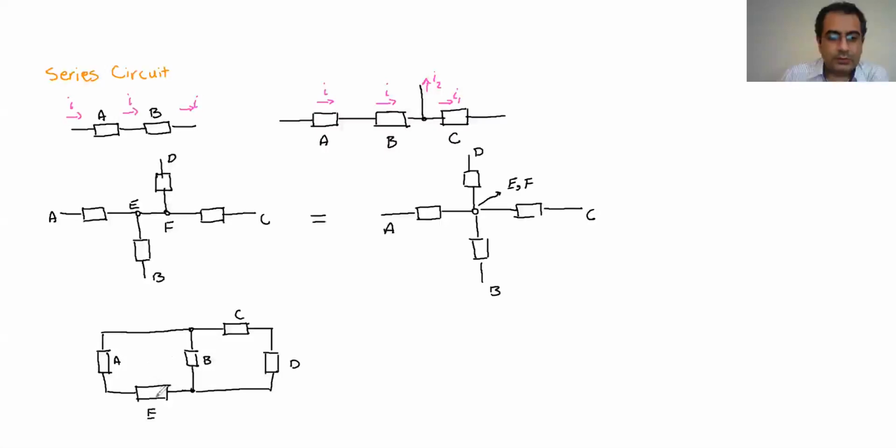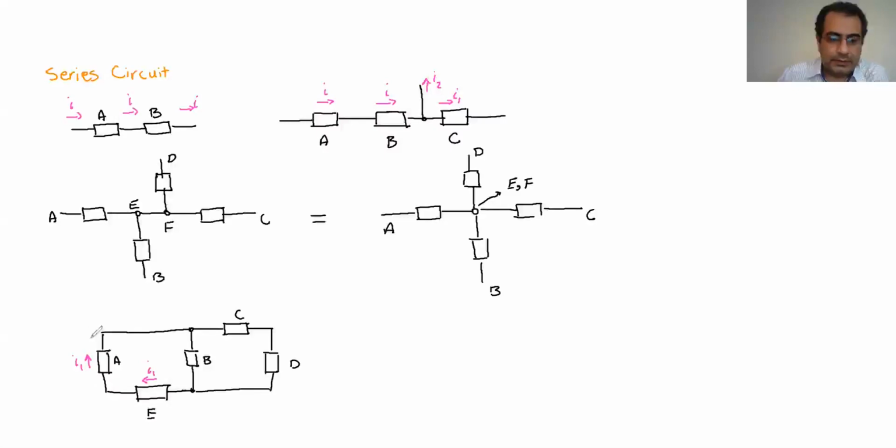And why? Because if I have, for example, an I1 here going through E, that exact I1 has to go through A. So these are in series, because whatever current goes through E, assume it's going this way, has to go to A as well.